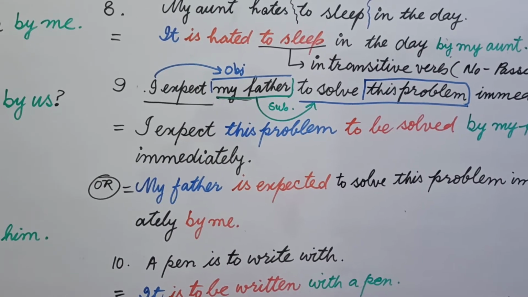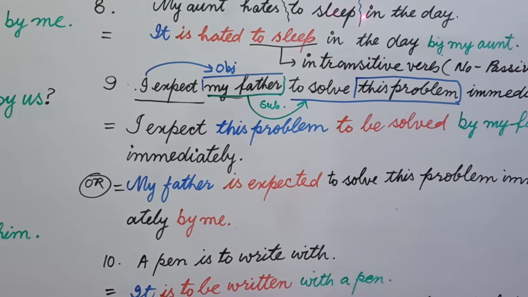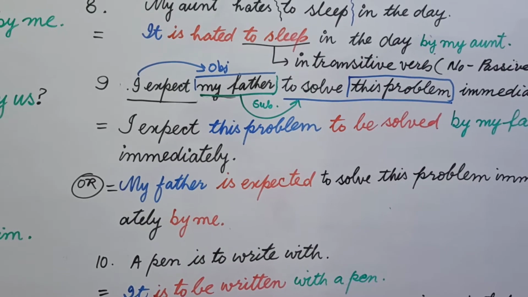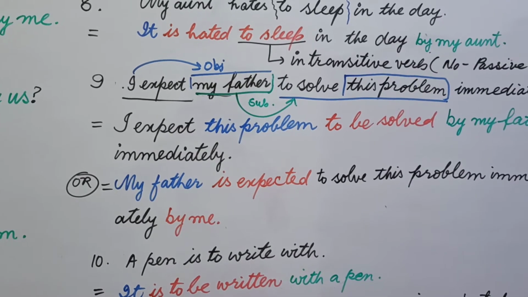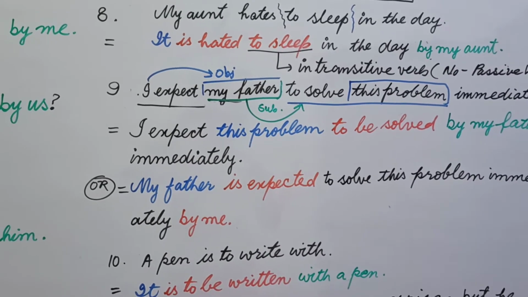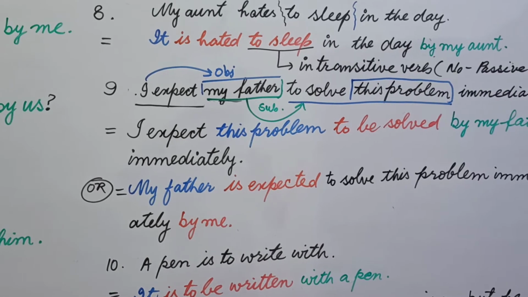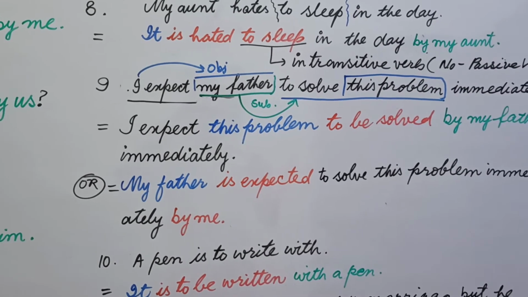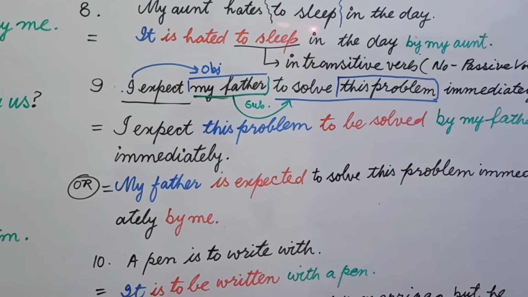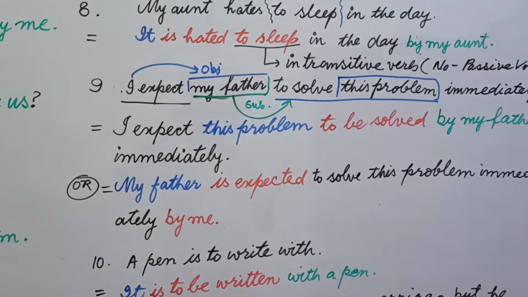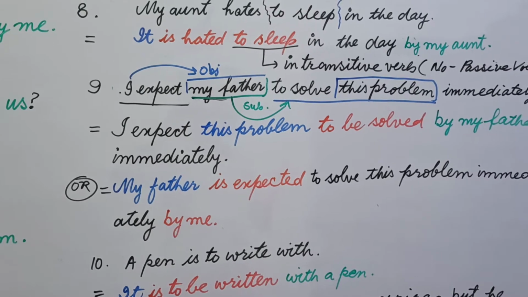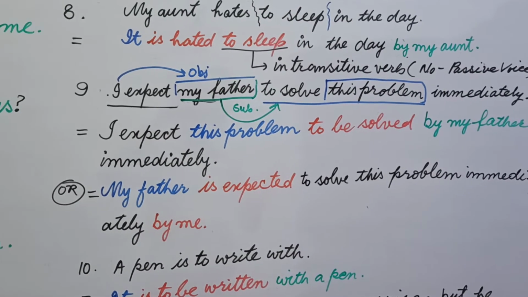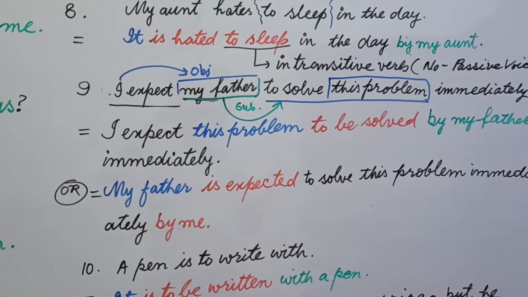"Hates" can be used with an object or without an object, but "to sleep" never has any object. "To sleep" is a verb that doesn't have any object, so it is an intransitive verb. So whenever we don't have any object, we can't change that part into passive voice. That's why I have given up transforming this part into passive voice.